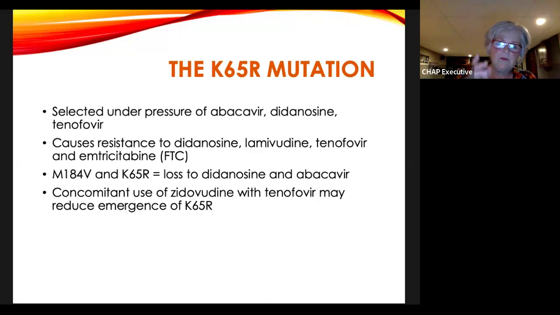So the 65R mutation may also be a mutation that might crop up in a PrEP failure. It's important to know that if somebody, for example, was taking tenofovir and lamivudine for PrEP, and they ended up getting HIV infected because they weren't taking the PrEP faithfully enough, again, we have not enough drug and a little bit of virus coming in.